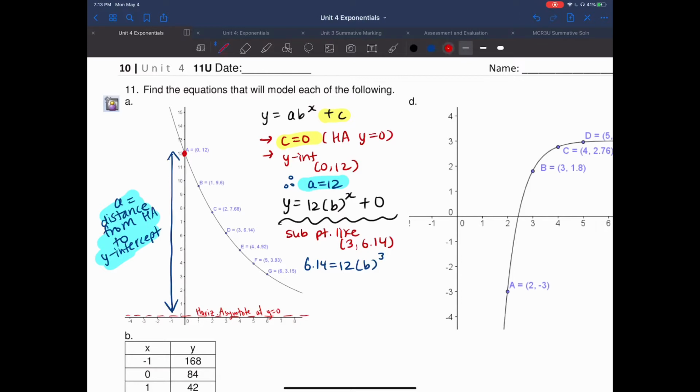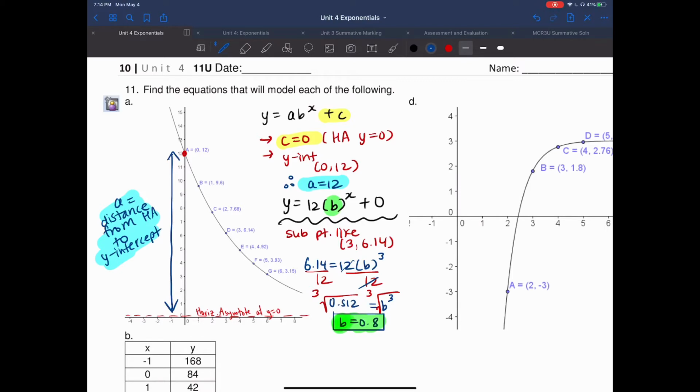I'm going to work algebraically backwards, so BEDMAS backwards, to try to get b by itself. My first step is to divide by 12 on both sides. Then b cubed is equal to that value, which is about 0.512. After that, I want to cube root both sides so that I get b is equal to 0.8.